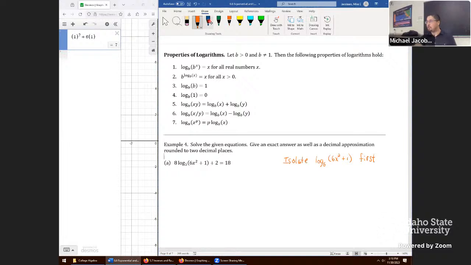So let's start by subtracting 2 from both sides. They'll turn into 8 log base 5 of 6x squared plus 1 equals 16. Next, divide both sides by 8, and we get log base 5 of 6x squared plus 1 is 2.